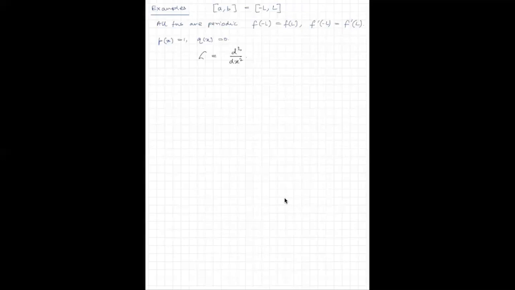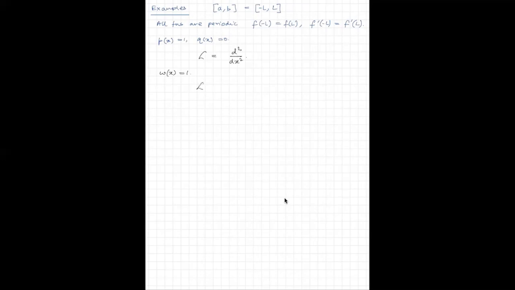It can be easily shown that this is self-adjoint when acting on the functions that obey these boundary conditions. Furthermore, let's choose omega(x) equal to 1.